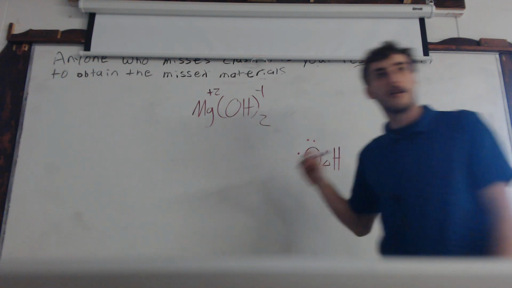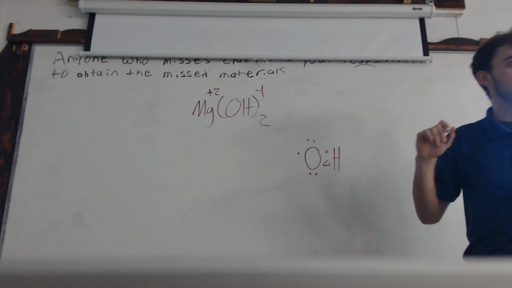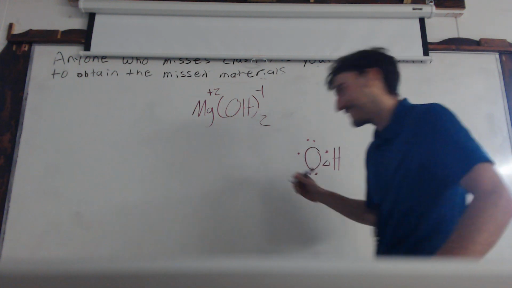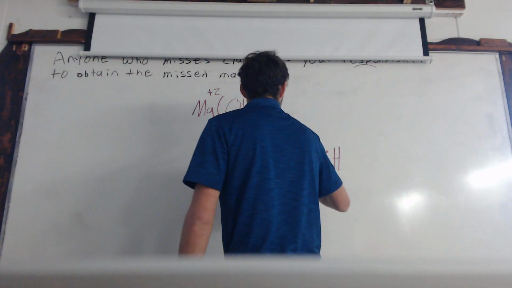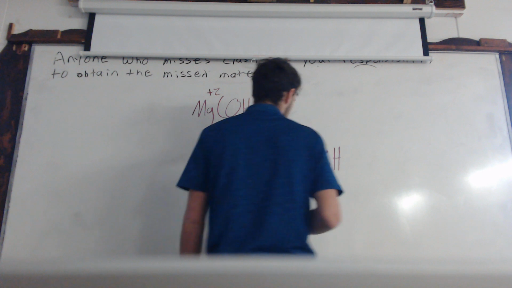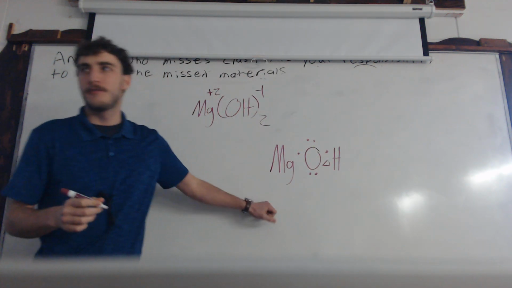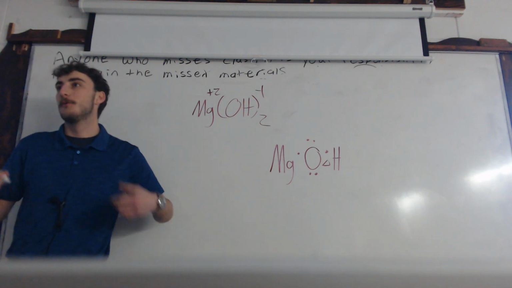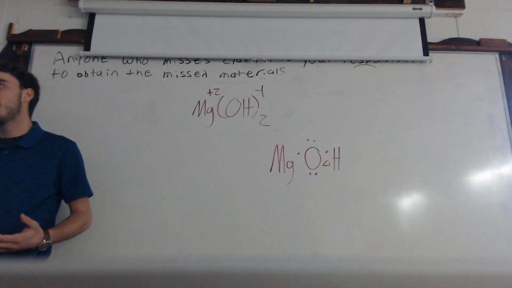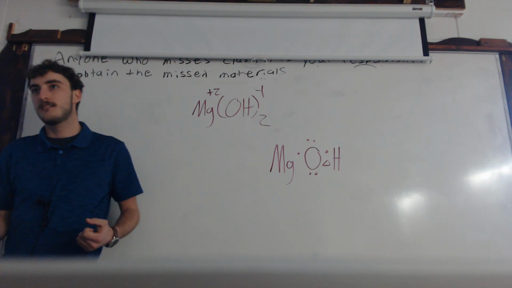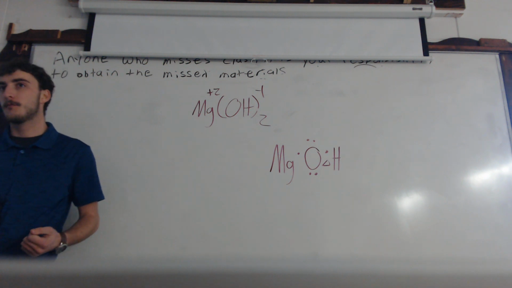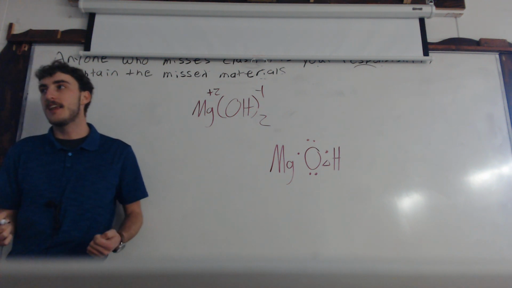Magnesium. Where? On the left side? Right here. Okay? Before we fill in the electrons, what element next should I write down? Oxygen and hydrogen.